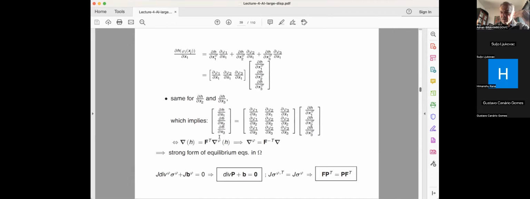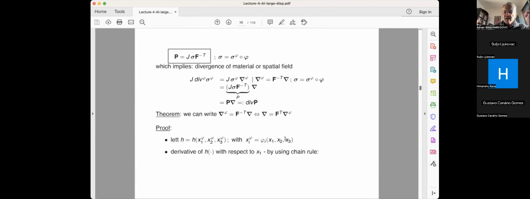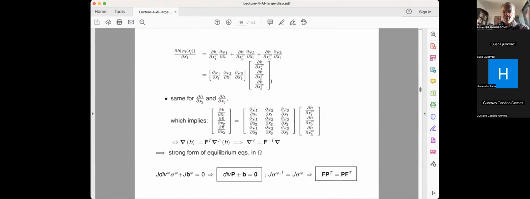From this one, taking the inverse of F transpose, this is F minus transpose, I get that nabla phi is equal to F minus transpose nabla. And that's the result that I used here when I was developing this change of computing the divergence of the stress field from the deformed to the initial configuration.